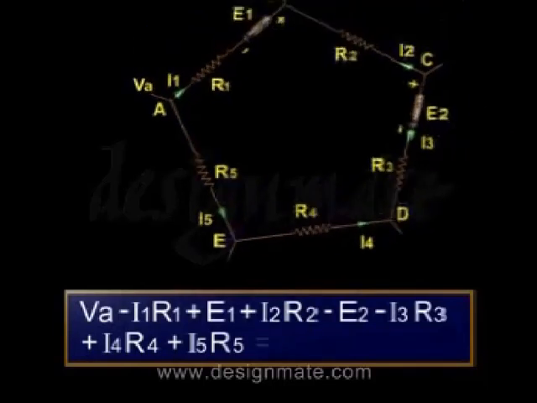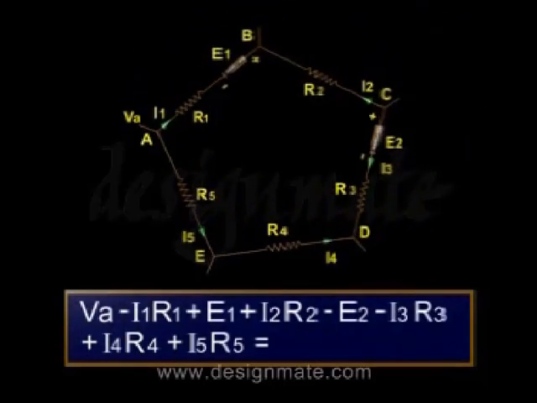Then taking the algebraic sum along the entire loop, we have VA minus I1R1 plus E1 plus I2R2 minus E2 minus I3R3 plus I4R4 plus I5R5 is equal to VA.